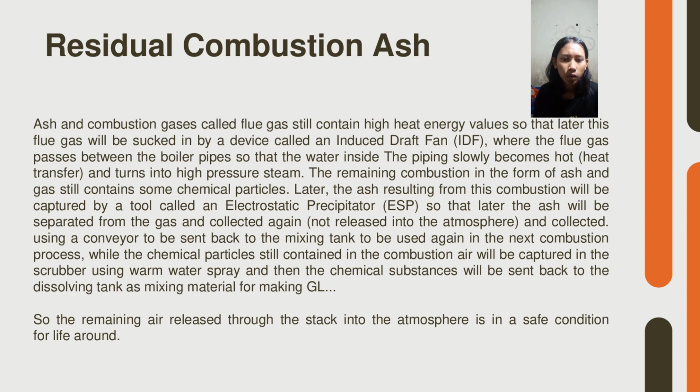When the flue gas passes within the boiler pipes, the water inside the piping slowly becomes hot, heat transfers, and turns into high pressure steam. The remaining combustion in the form of ash and gas still contains some chemical particles.